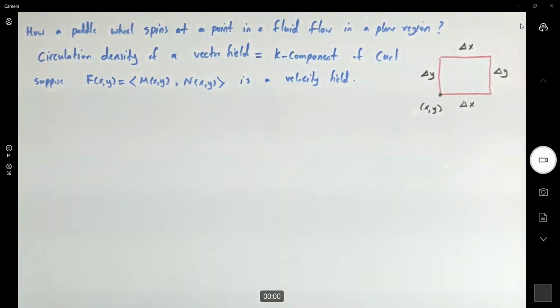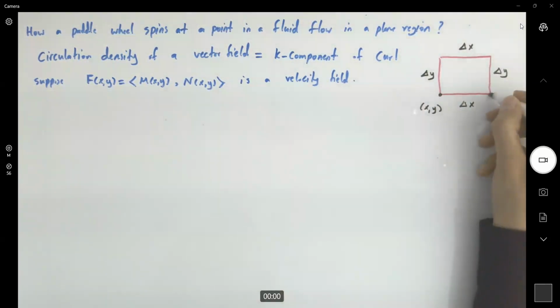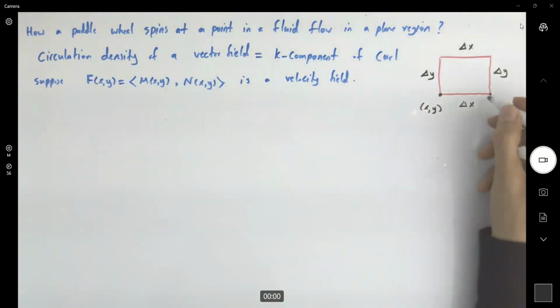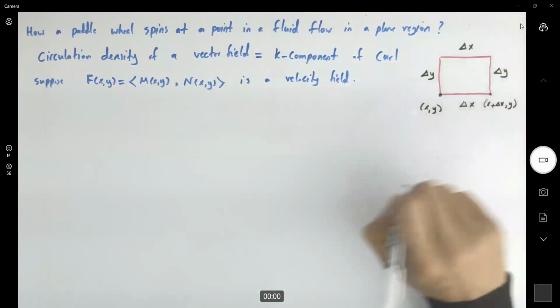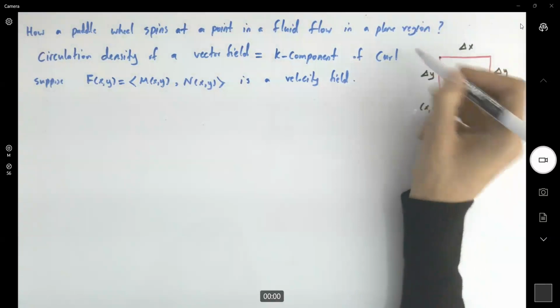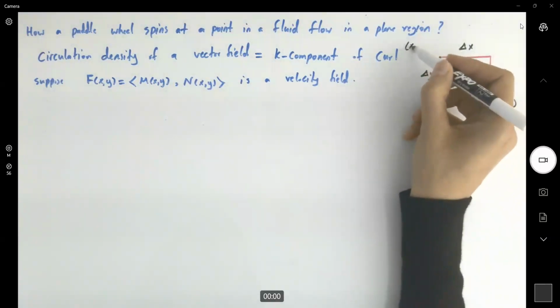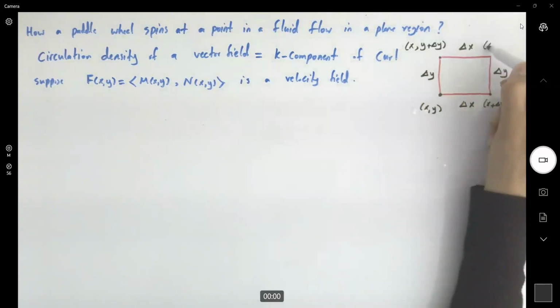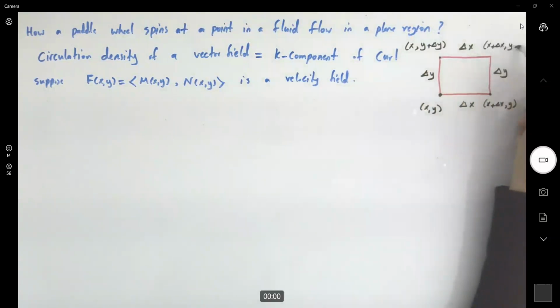We can label the rest of the corners: x plus delta x and y; x and y plus delta y; and here you have x plus delta x and y plus delta y.